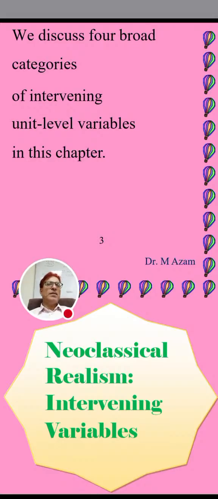For example, classical realists explain that since people are selfish and greedy, and the states comprise the citizens, that is why their foreign policy, their external behavior, is greedy and selfish. Foreign policies pursue power politics, national interest. So here, what is the independent variable?